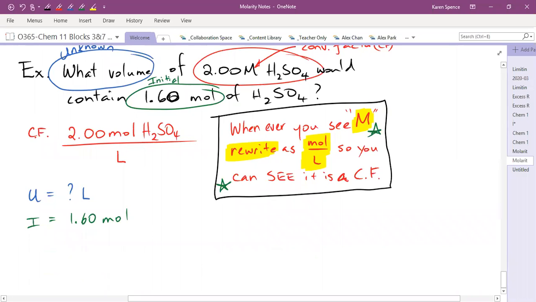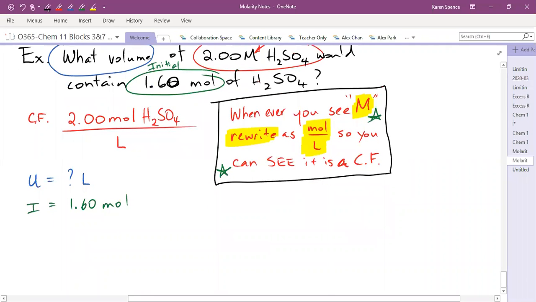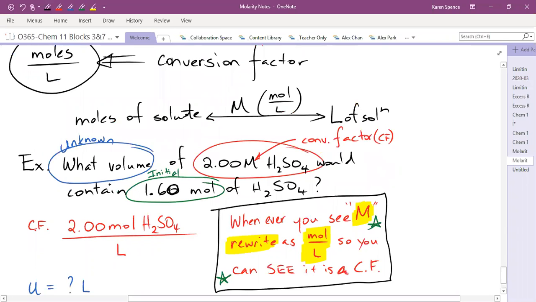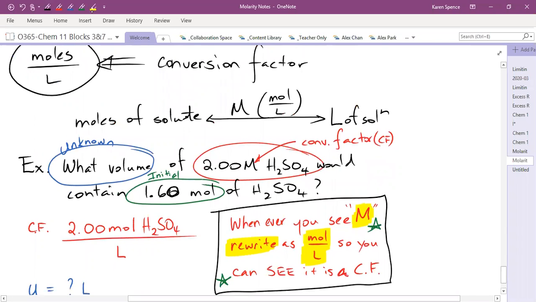We're going to use our conversion factor to do that. So how that will look is we will have our unknown is equal to our initial quantity times our conversion factor. And if we go back here really quickly, you can see that this is just a one-step process. If you're going from moles to liters, that is one step, so we'll only have one multiplication.